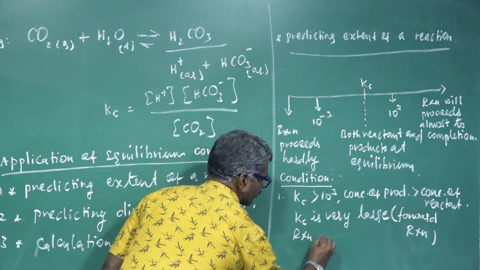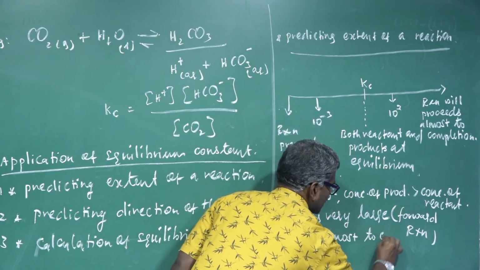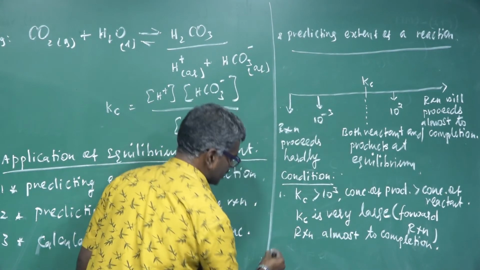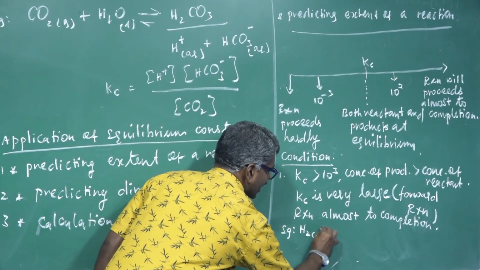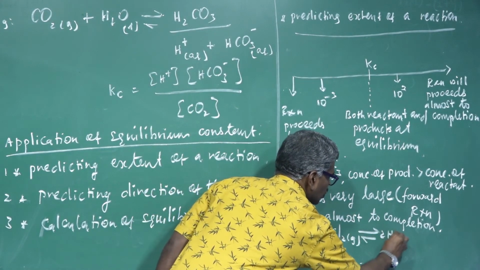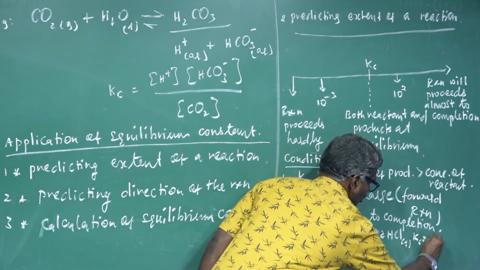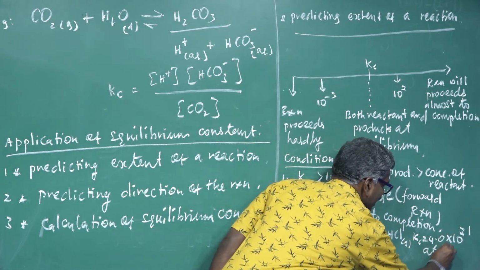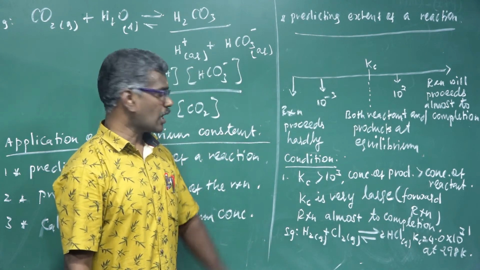The reaction goes almost to completion. For example, hydrogen in the gaseous state reacts with chlorine in the gaseous state at equilibrium to form 2HCl in the gaseous state. Kc value is 4.0 times 10 power 31. This is maintained at a temperature of 298 Kelvin or approximately 300 Kelvin.